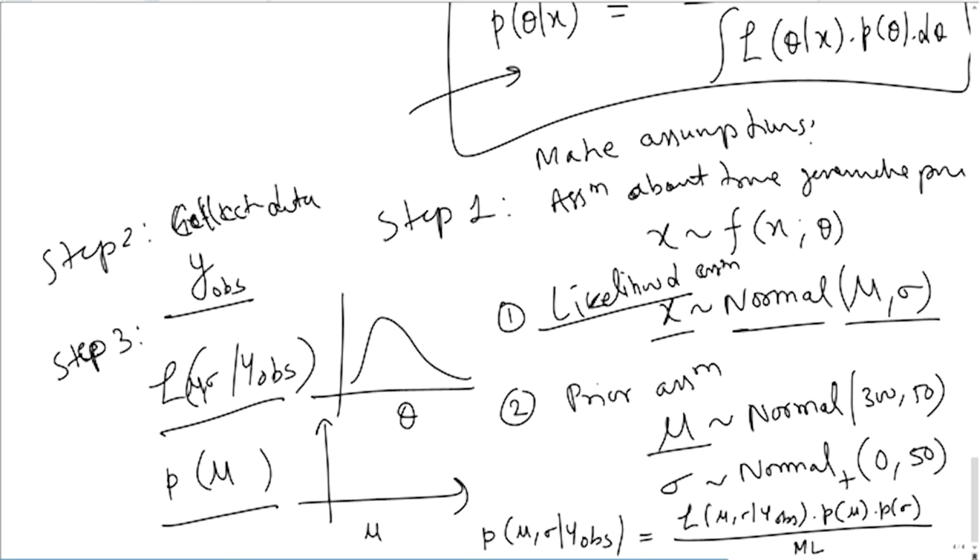Even if you ignore this, you will get an unnormalized posterior distribution if you just multiply them for each value of mu and sigma. So that's how you can calculate the posterior distribution step by step. In the next lecture, we will implement all these steps in R so that we know in practice how to calculate the posterior distribution of any parameter given our likelihood and prior assumptions and the data.